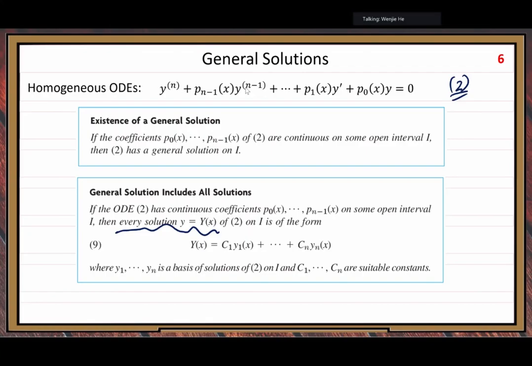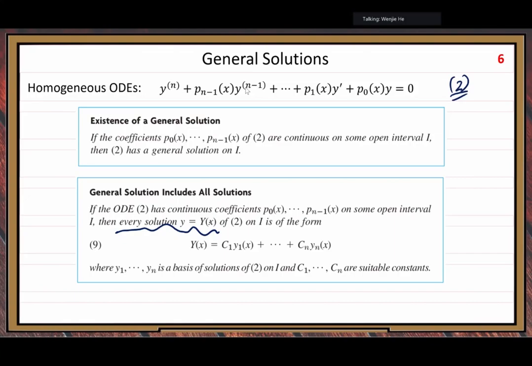I emphasize this part. What's the meaning of that? This general solution covers all the possible solutions. That's the significance of this result. No missing one. All covered in this general solution. It's a generalized result.